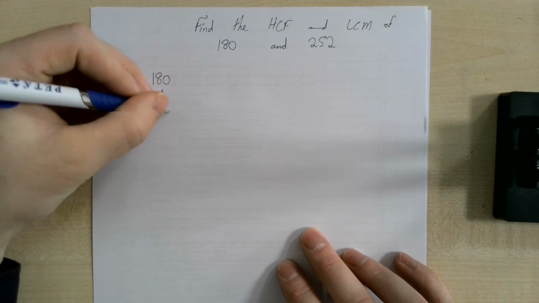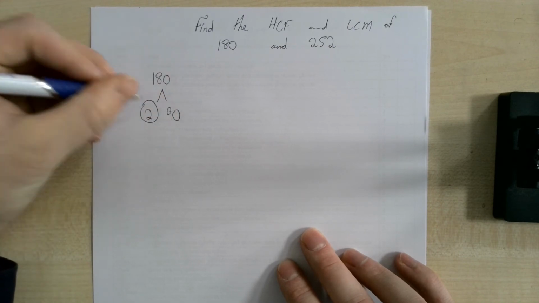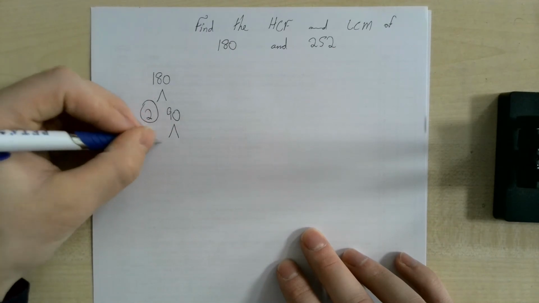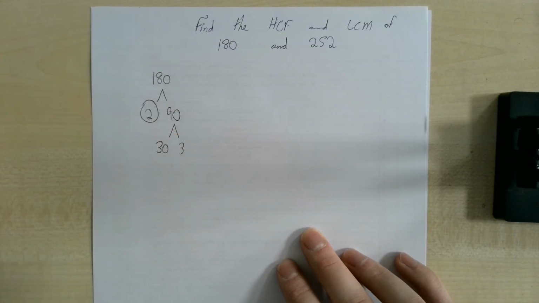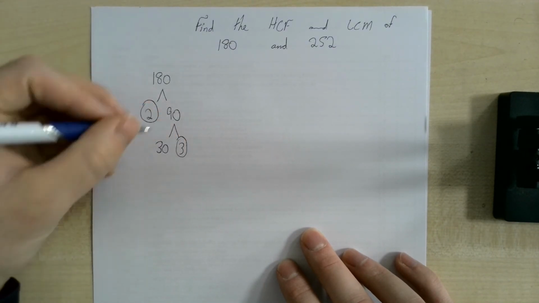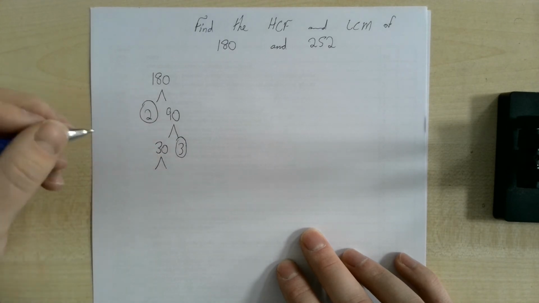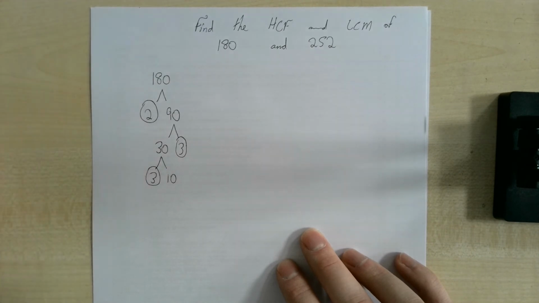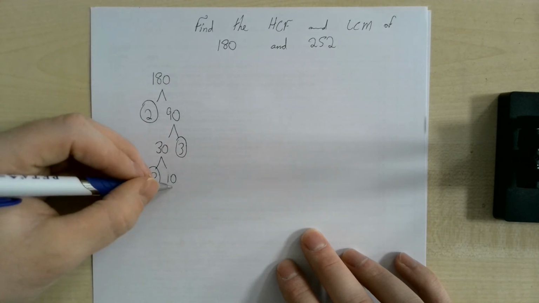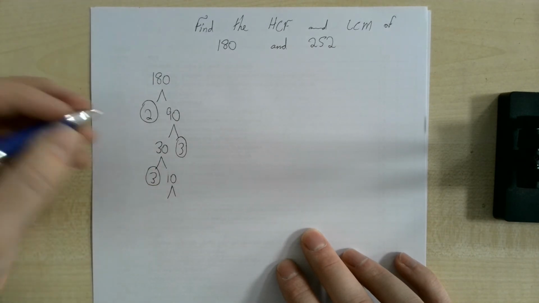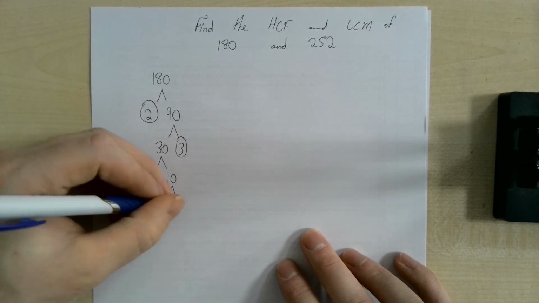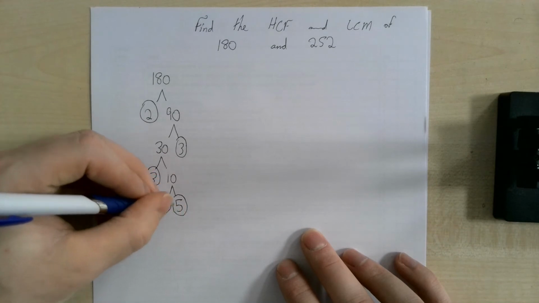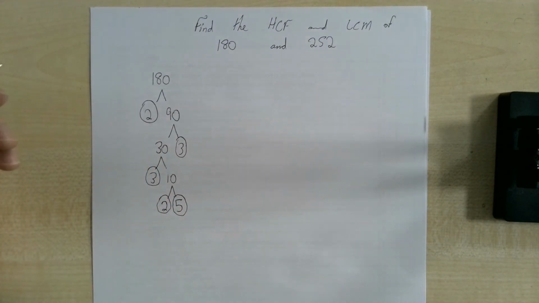We've got 2 and 90, circle the prime, which is a 2. 90 can be expressed as 30 times 3, circle the prime. 30 can be expressed as 3 multiplied by 10, circle the prime. 10 can be expressed as 2 multiplied by 5, circle the prime. This time both of them are primes, so we know we're finished.